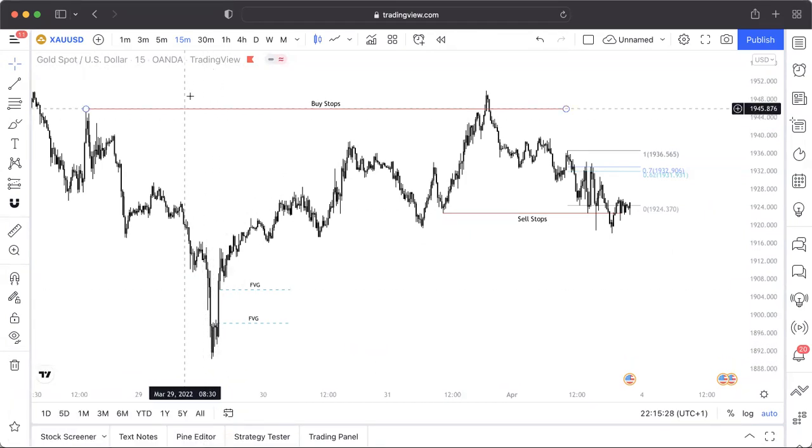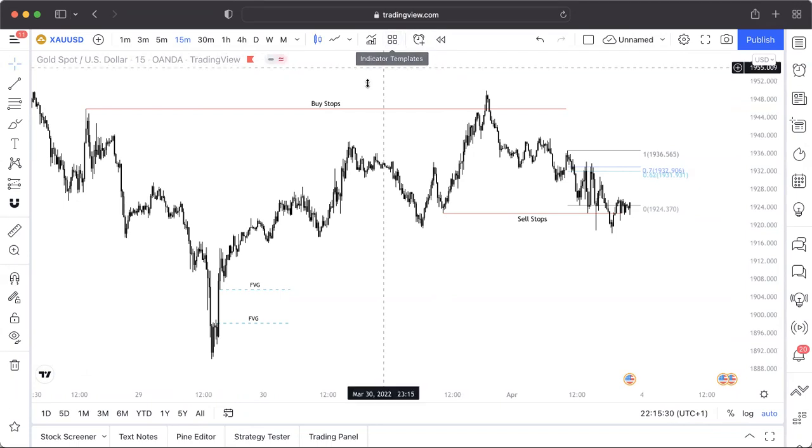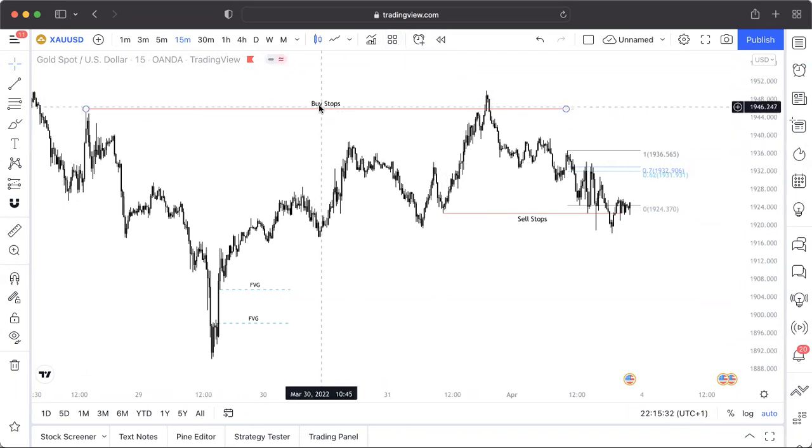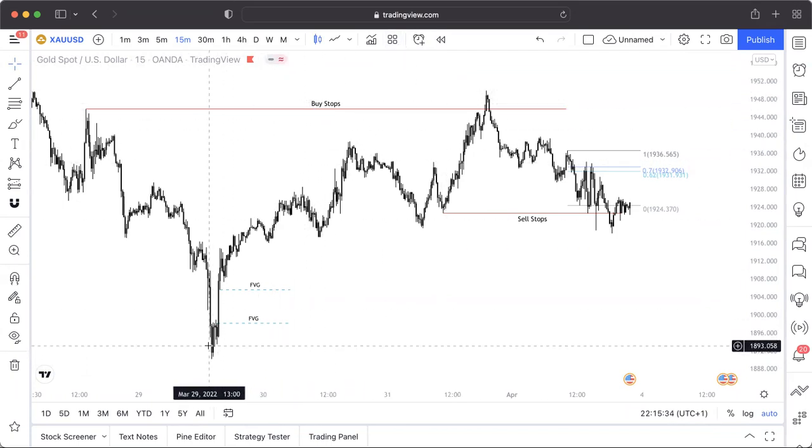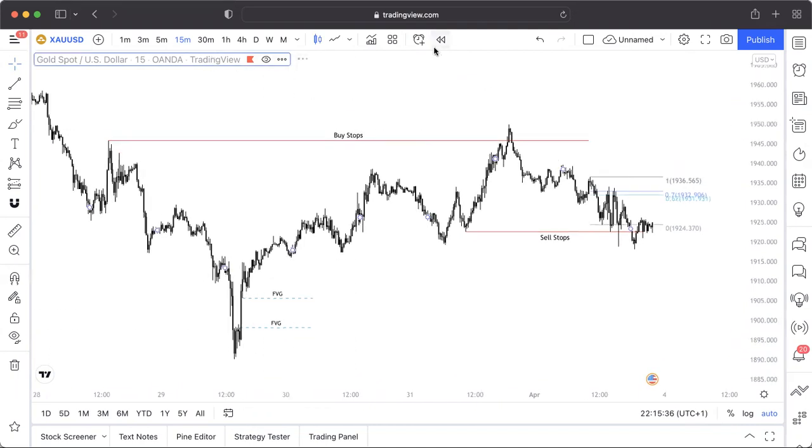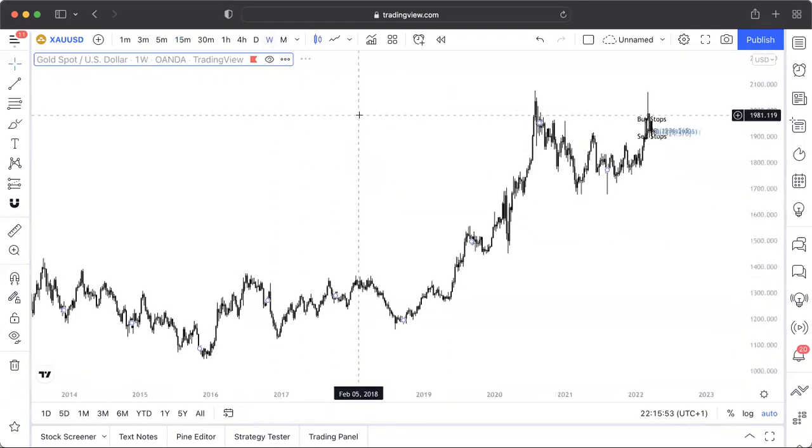And another thing that was kind of interesting, this particular trade, something I was also discussing with Leonardo, was also aligning with a higher time frame optimal trade entry.